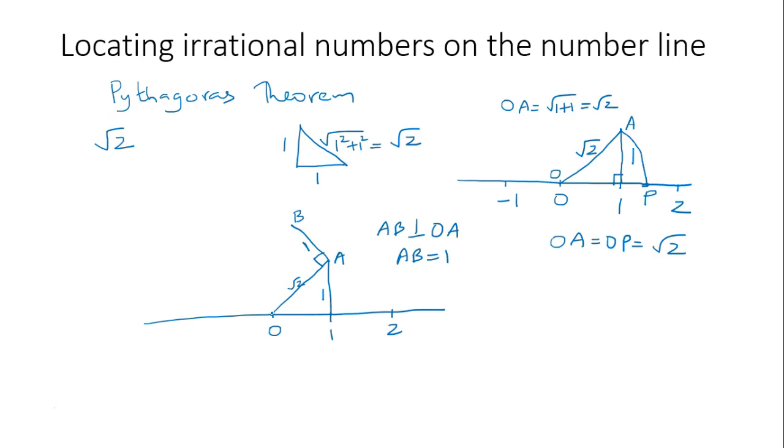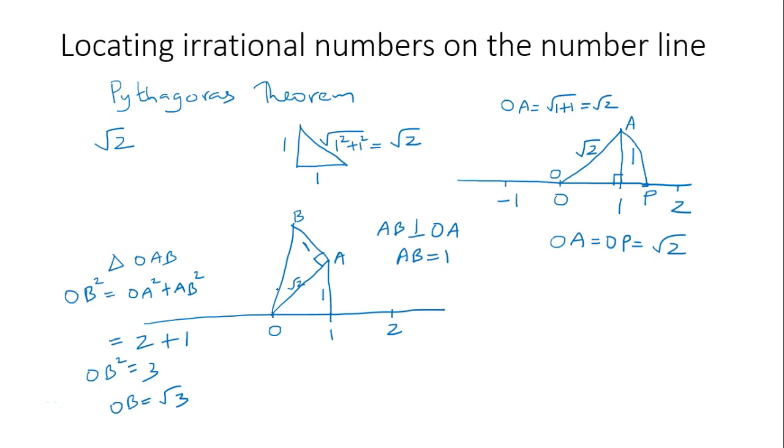Now if you use the Pythagoras theorem in triangle OAB, you can see that OB is the hypotenuse. So OB squared is equal to OA squared plus AB squared. OA squared is root 2 squared, which is 2, and AB squared is 1. So we can write OB squared is equal to 3, or OB is equal to root 3. So the distance OB is equal to root 3.